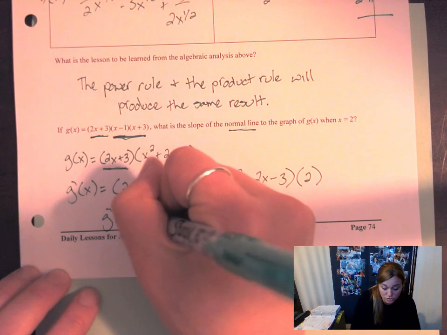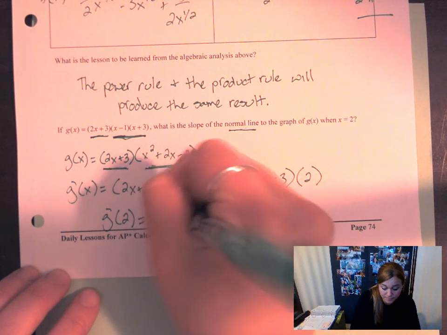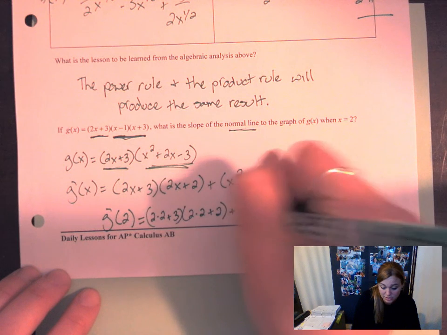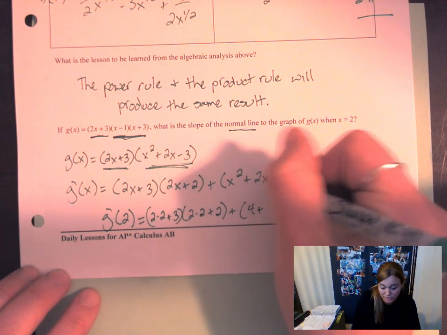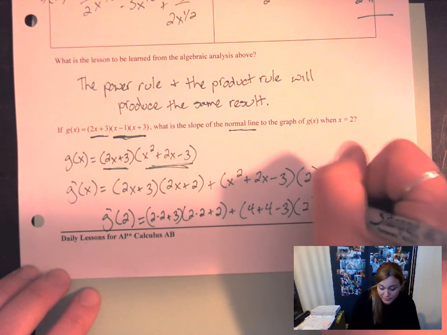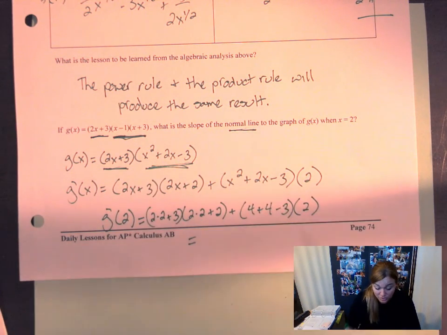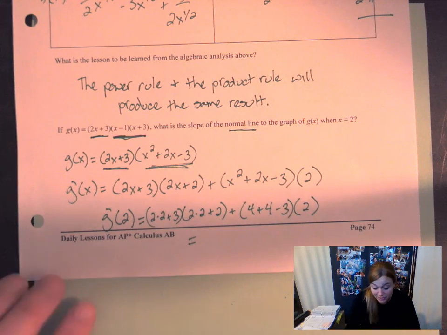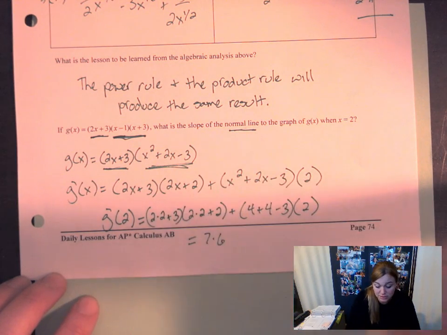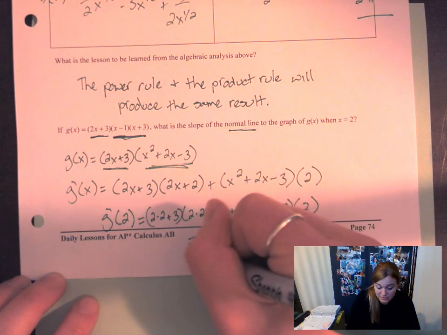So you could get 2 times 2 plus 3, 2 times 2 plus 2, plus 2 squared is 4, plus 2 times 2 is 4 minus 3. I got lazy. If you multiply all these things out, you would get 2 times 2 is 4 plus 3 is 7. 4 plus 2 is 6, so 7 times 6 is 42.